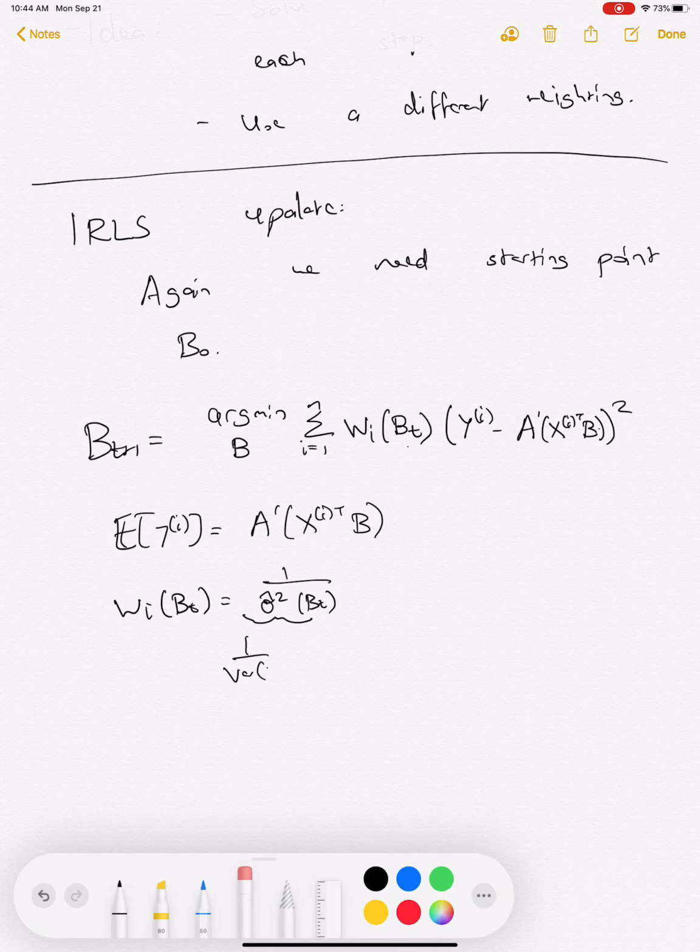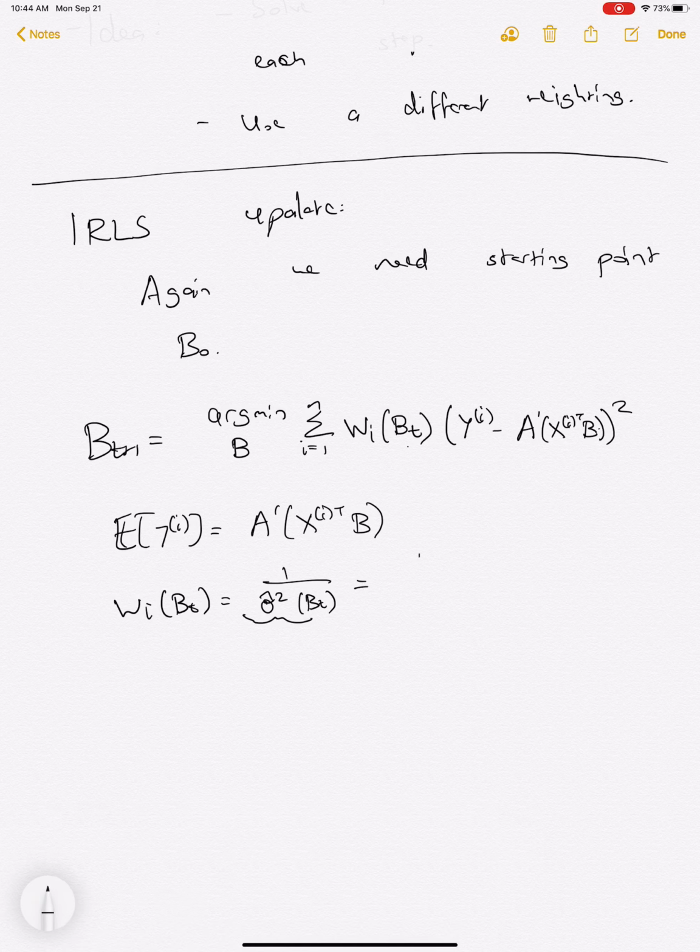That's why I've used the term sigma hat squared. We know that the variance for this exponential family is a prime prime of xi transpose bt.